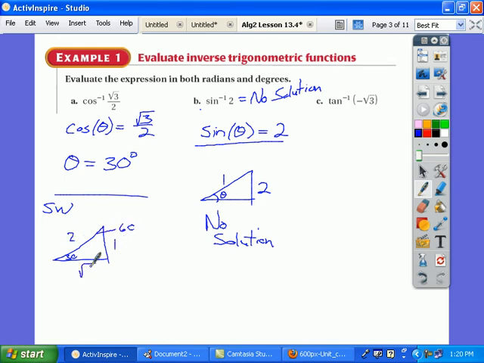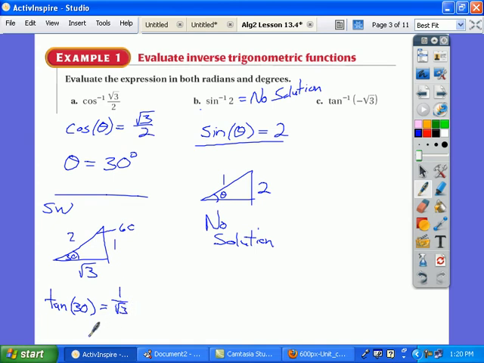There we are. So if I ask you for tangent of 30, tangent should be opposite over adjacent. So tangent of 30 is 1 over radical 3. But when we rationalize the denominator, it becomes radical 3 over 3. Okay, so tangent of 30 is radical 3 over 3.